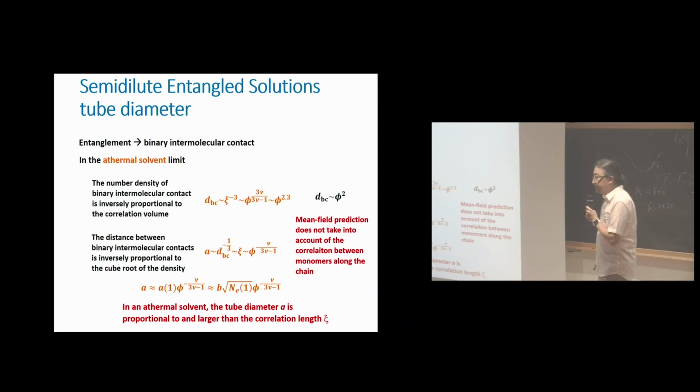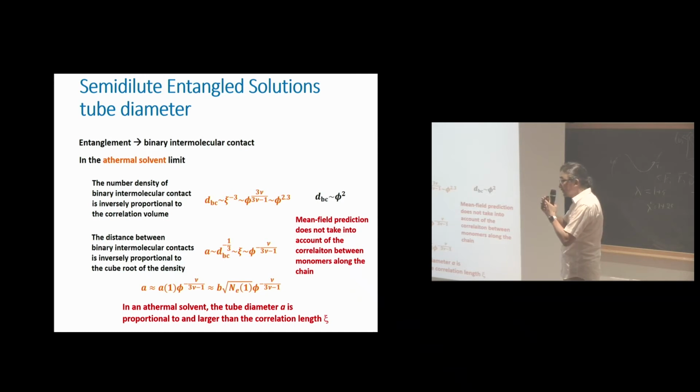Yes? What do you mean by the distance between the things? Do you mean, like, the distance between tubes, or what distance? The distance between binary intermolecular contacts. When two chains are in contact, this works as a topological constraint, an entanglement. But if they're in contact, there's no distance between them. Two chains are in contact, so this gives you the entanglement.